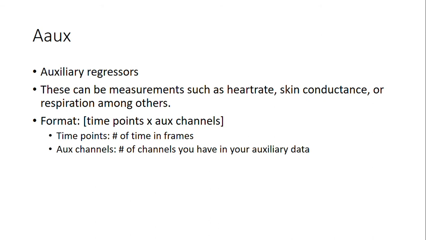The format of this is similar to the format of just about everything else here. The rows are going to be your time points, and the columns will be the number of channels, but these are specific to your auxiliary measurements. And keep in mind the time points will again be frames, not seconds. So you may have to figure out a way to downsample one or the other to line them up more appropriately. May or may not need to do that, but that's something to consider.